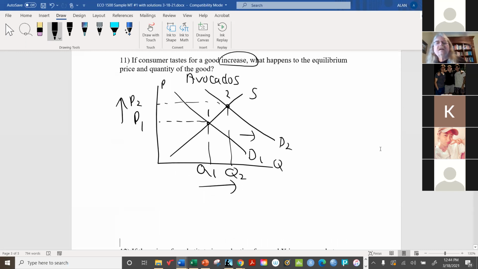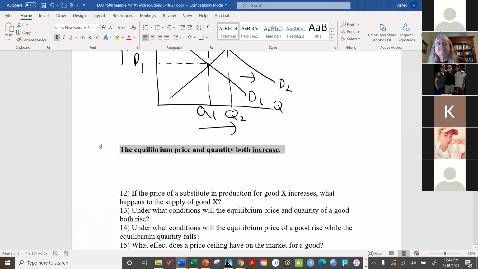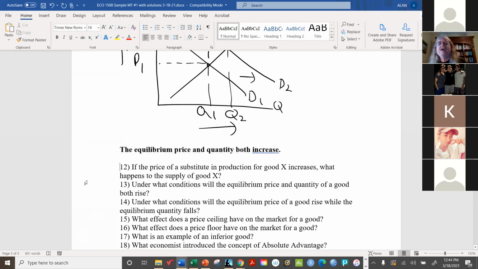So even without the graph, all you have to do in this case is say, when this happens, the equilibrium price and quantity both increase. That's all you really needed. But I think it's helpful to see the graph because then you can visualize exactly what's happening and why this is true. So what you always have to ask yourself is which curve is being affected and how.